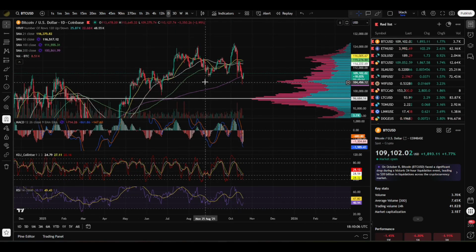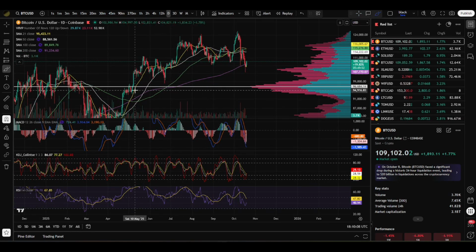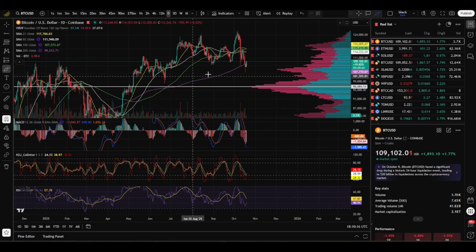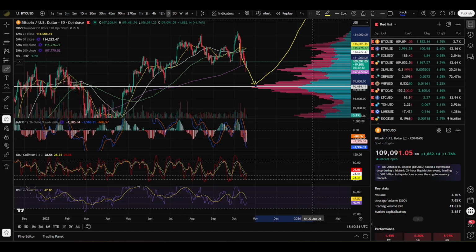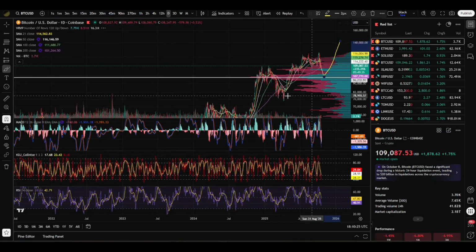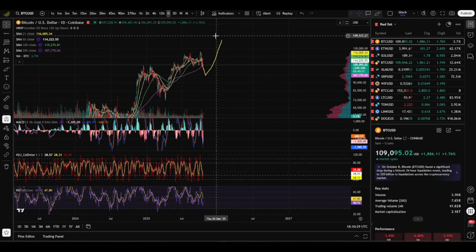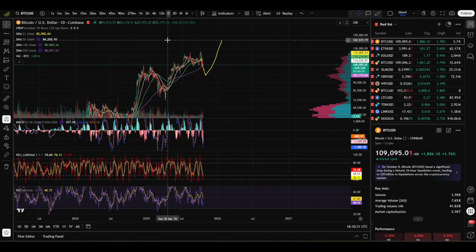Because we also have been discussing that this trend may still be on the upside, right? And what I think is possibly going to happen is we're going to get this to break down, but then we're going to come up. Okay, so 96,000 and then back up. That's what I'm starting to think is going to happen, and then we're going to break all new highs again, possibly into the 150,000 range.